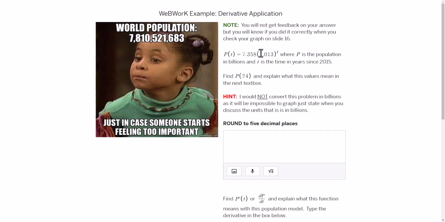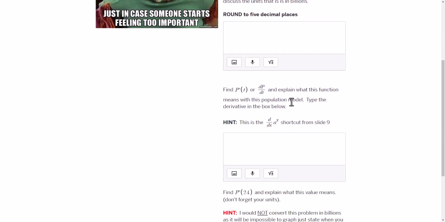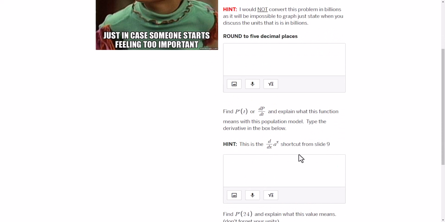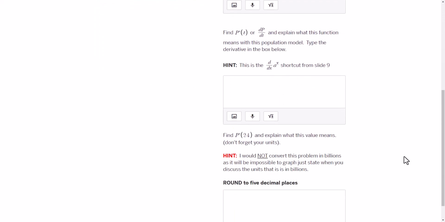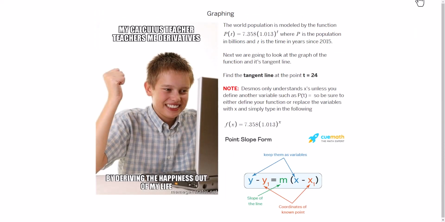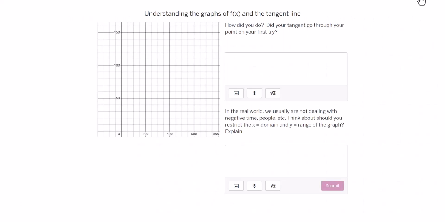This is a population problem: find P of 24. That's just plugging in, but read through so you understand it. Then find P prime of t, and I even give you a hint that this is the a to the x rule. I'll leave it up to you to work those out as well. You're also going to go back and find the tangent line for this, which I'll leave up to you.